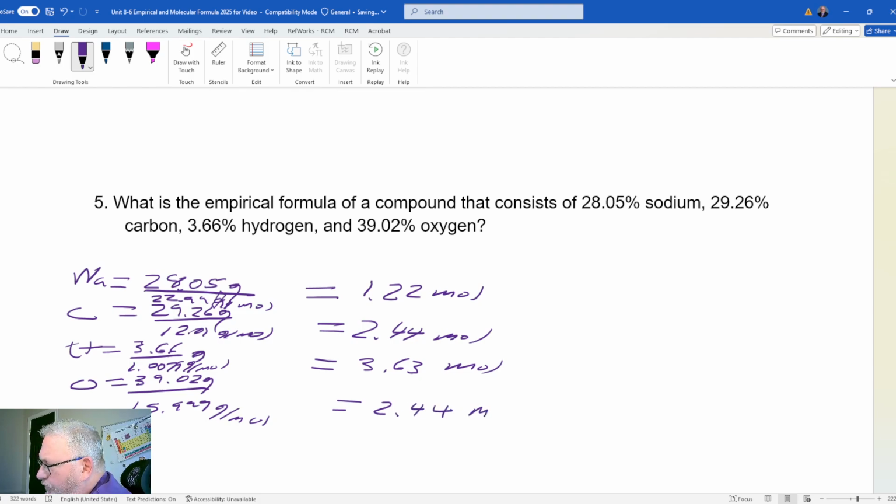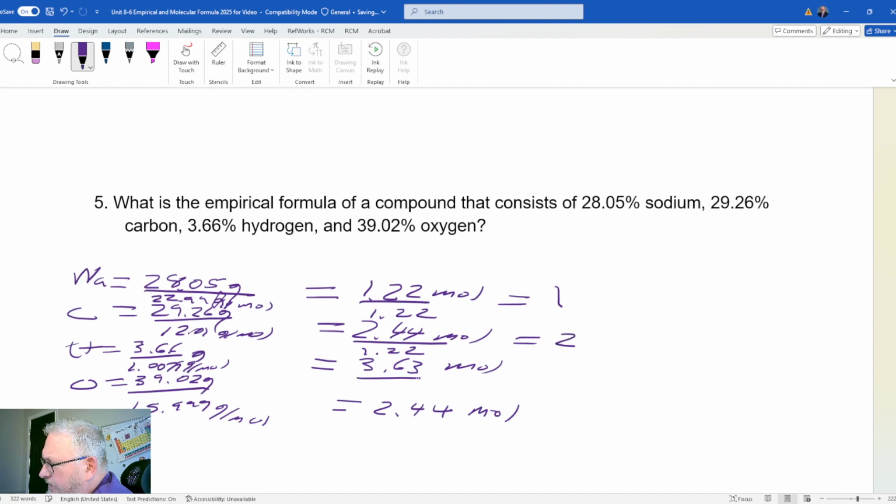So we're going to get the least amount of moles here. I'm looking at 1.22, 2.44, 3.63, 2.44. Well, we can see that it's going to be sodium, 1.22. So I'm going to divide that by 1.22. I get 1. I divide this by 1.22, I'm going to get 2.